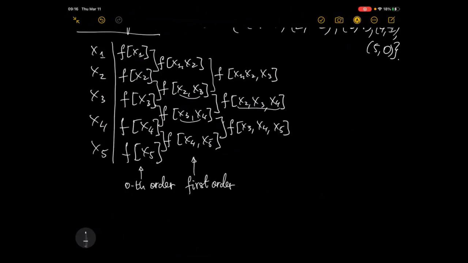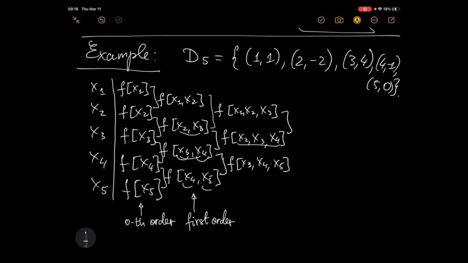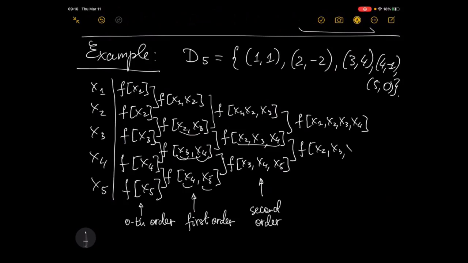Have a look, x3, x4, x4, x5, so altogether x3, x4, x5. Here it's f of x1, x2, x3, x4. So this is second order. Then f of x2, x3, x4, x5.